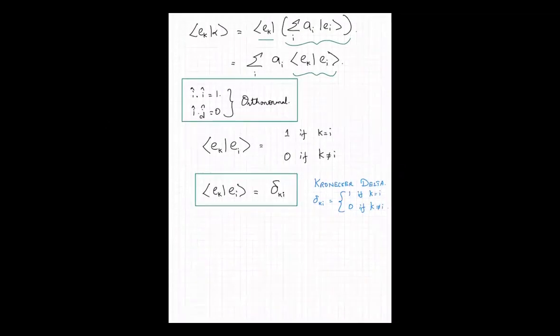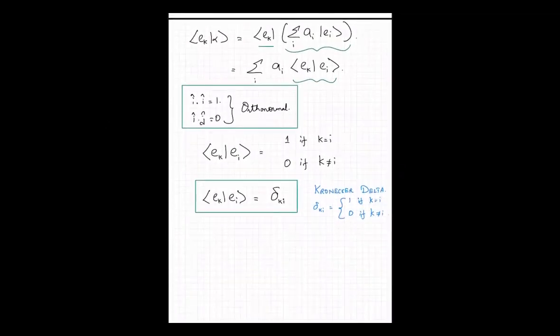So let us go back to the inner product that we were evaluating, ek alpha. We found out that this is equal to the sum over i of ai times the inner product of ek and ei. But using this rule, we can now see that the inner product of ek and ei is nothing but delta ki. So this is ai delta ki. Yes, this is a very big sum.